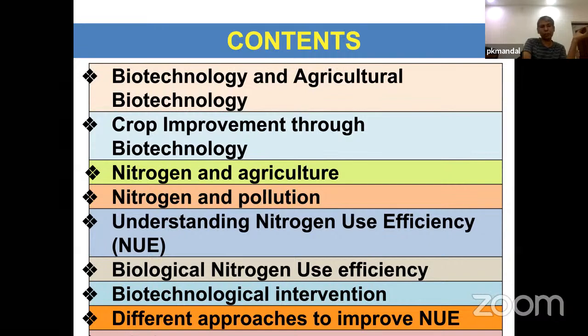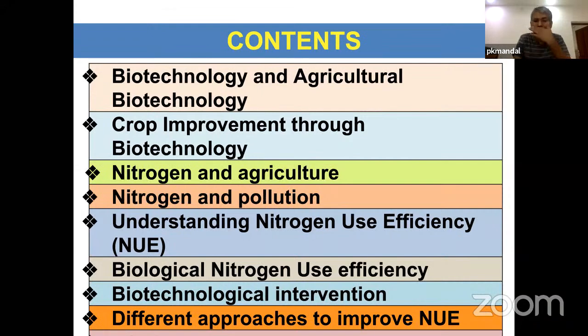I'll tell about that also a bit. Of that, biological nitrogen use efficiency is the part I'll cover. Nitrogen is not a biological material, so its use efficiency is controlled by different kinds of people. I'll be talking a bit about biological nitrogen use efficiency because there the plants are involved and biotechnology is going to be involved. And after that, of course, what are the approaches we can take?